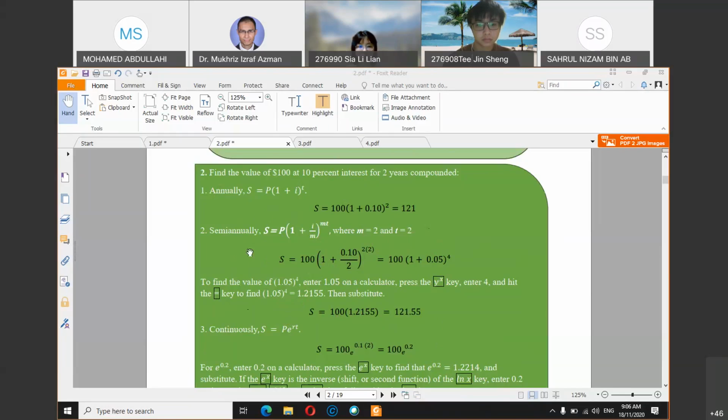But the thing that needs to be highlighted is you have three different formulas: annual, semi, and continuous.